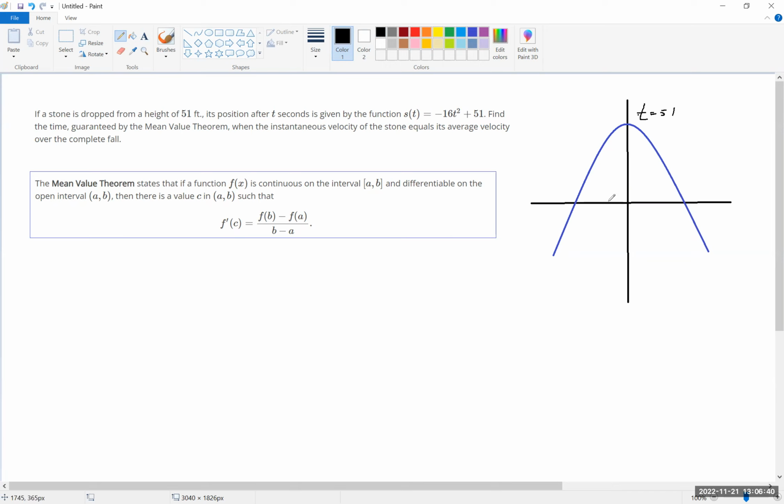Actually, this is going to be the point where s of t is 51. And more specifically, this is at t equals 0.